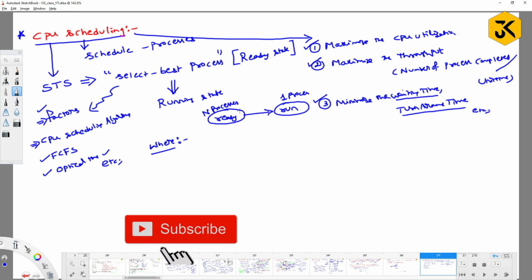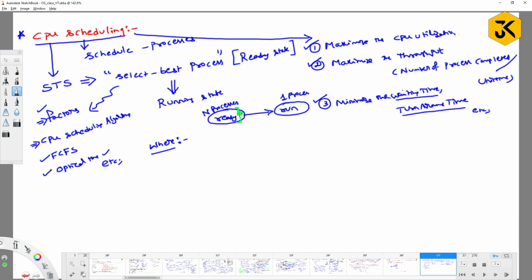So if you want to select the best process among all the readily available processes, what you have to do? You have to apply CPU scheduling. So we are going to apply it at the ready state.